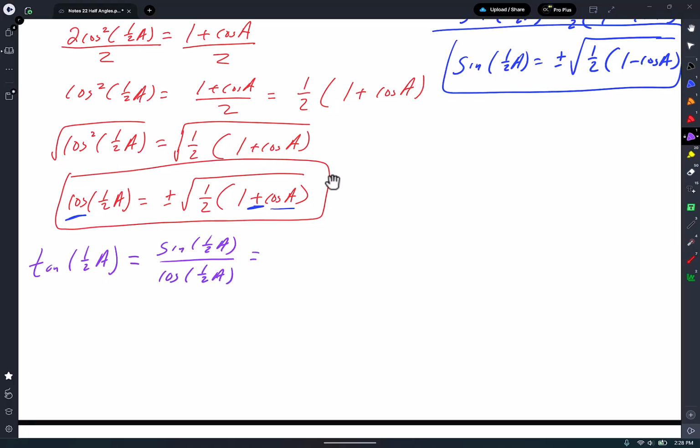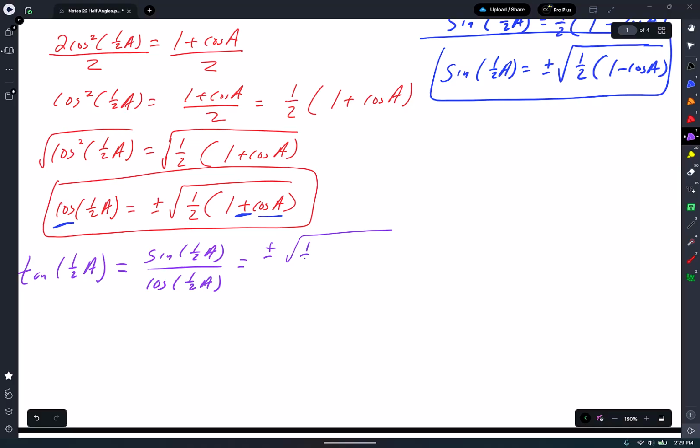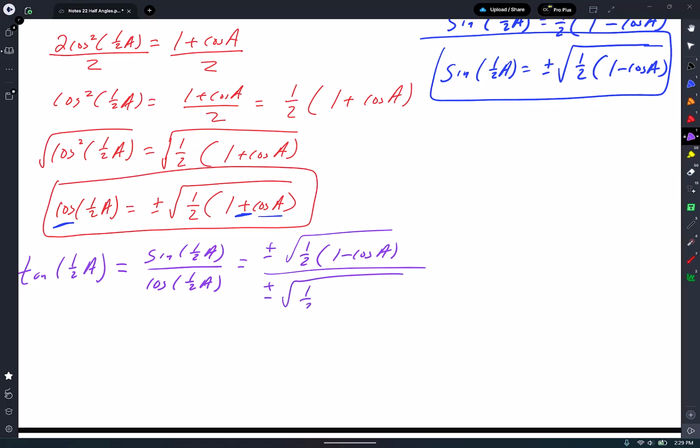And don't I have a formula for sine half a and cosine half a? Yeah, that's what I'm going to use. Plus minus square root. What does it say over there? It says 1/2 parenthesis 1 minus cosine a over plus minus square root 1/2 parentheses. Here's my cosine a, so 1 plus cosine a. So catch up to there.